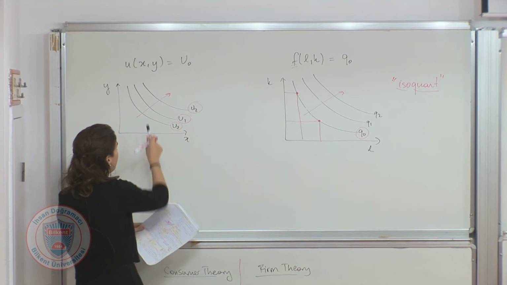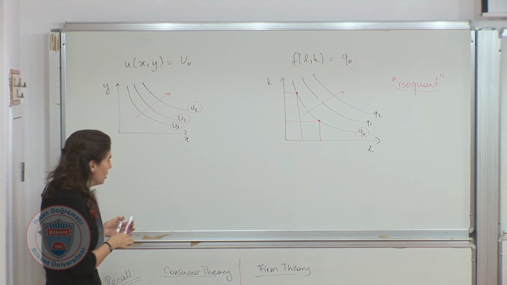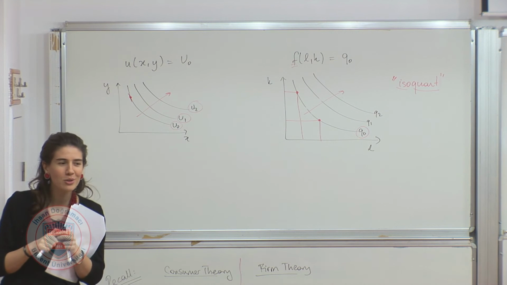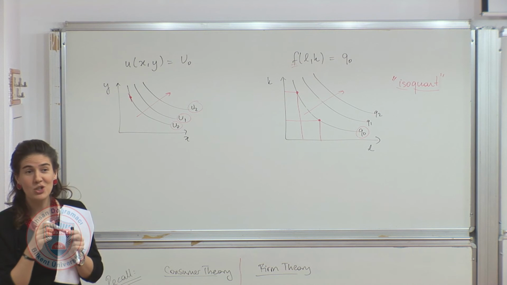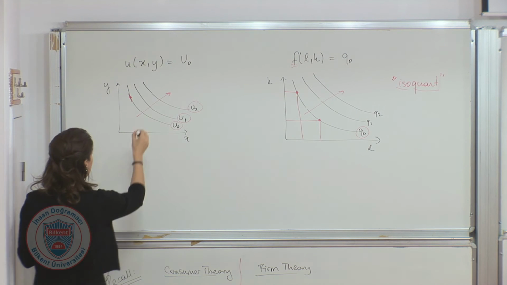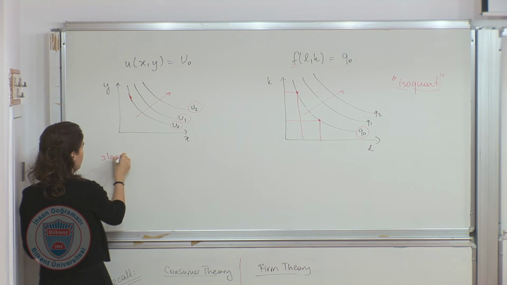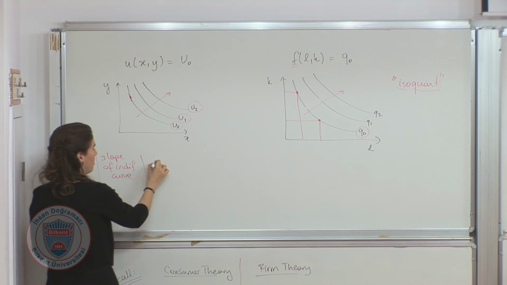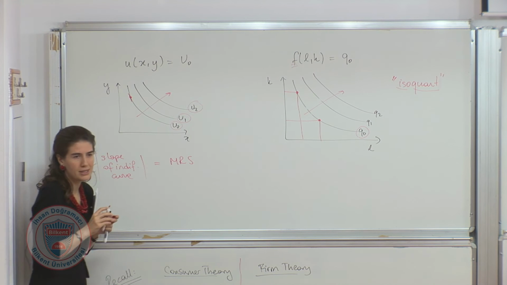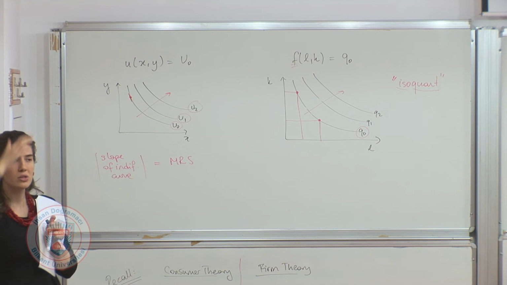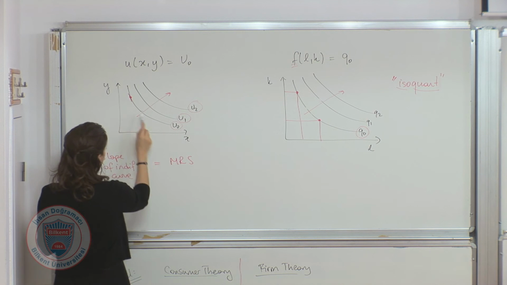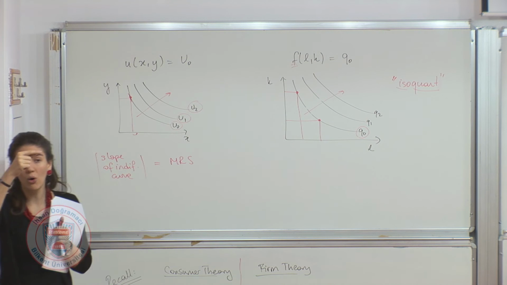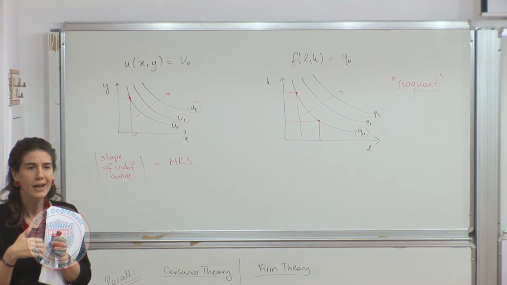So, remember, how were we calling the slope of these curves? What was this slope called here? It was called marginal rate of substitution, right? The absolute value of the slope of the indifference curve was called MRS. And it meant that if I want to stay on the same utility level but I would like to consume 1 more X, how much Y am I willing to give up?